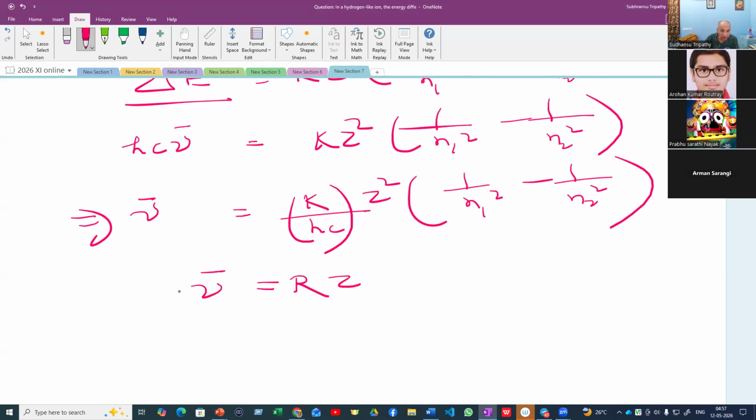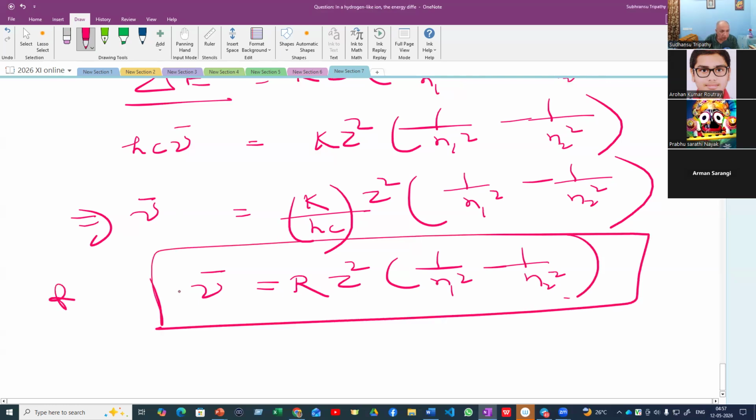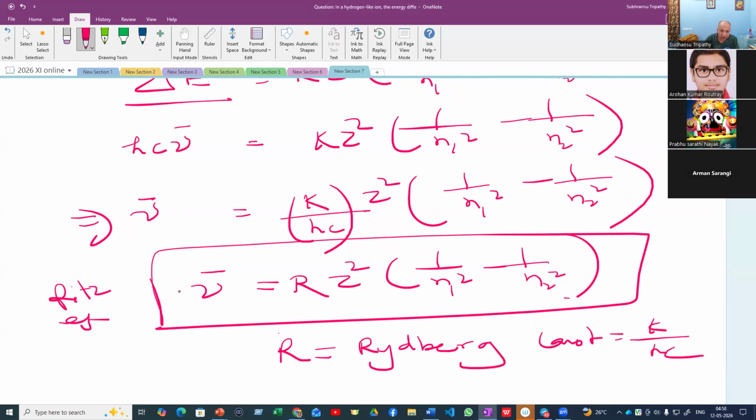Rydberg, not Ritz. The equation was the Ritz equation, but the constant was named long before Ritz. That is the Rydberg constant.